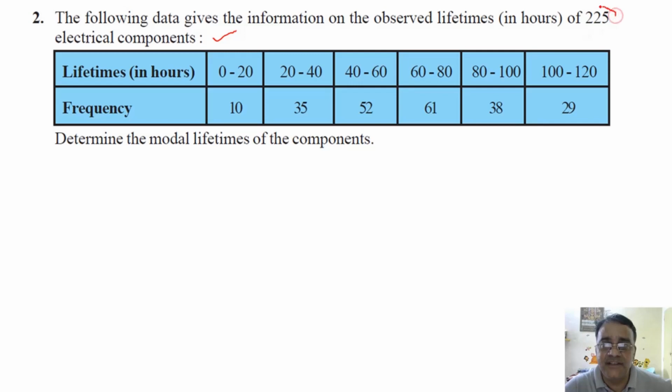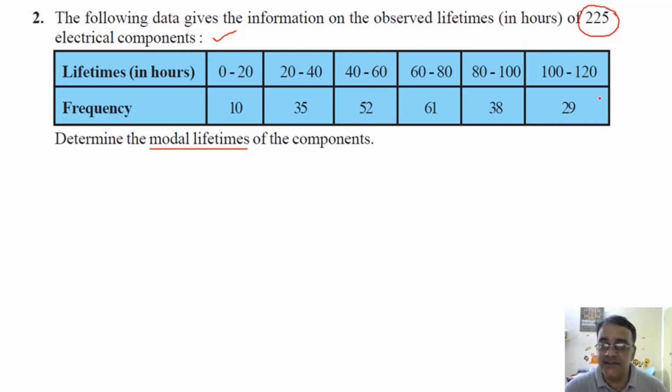So the total frequency given here is 225. The lifetime is given in the form of class intervals, and we have to find only the modal lifetime, that is, the mode. So there is no need to prepare a separate table, but in the exam you have to make a rough table also. It is not that because the question has given it, you don't make the table; you have to make the table in the exam. Here I am not making it because the table is already visible on this slide.